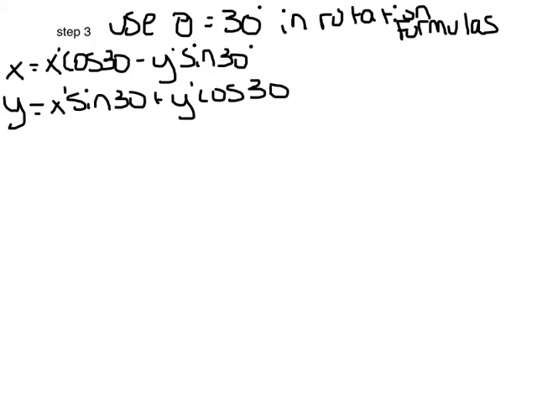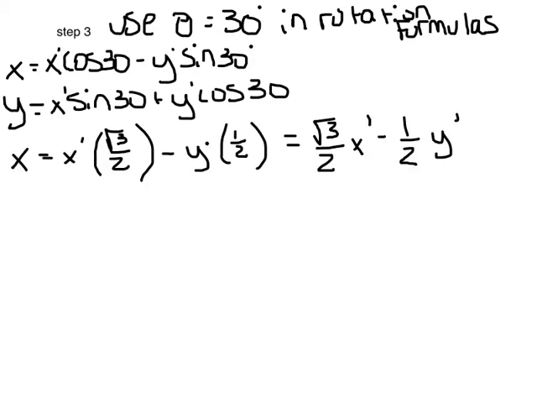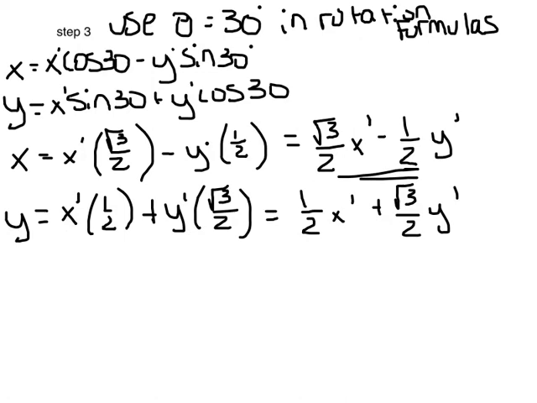As you may remember, the cosine is the square root of 3 over 2, and the sine is 1/2. First, we plug it in to find the x value on the rotation, and then we plug it in to find the y value of the rotation.